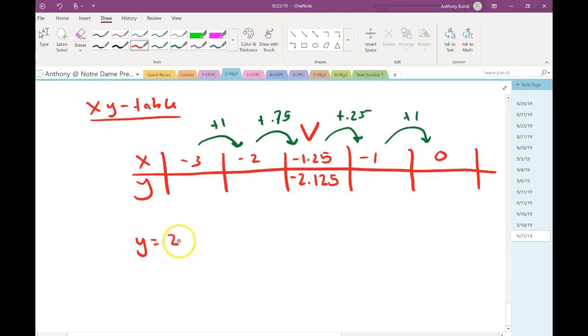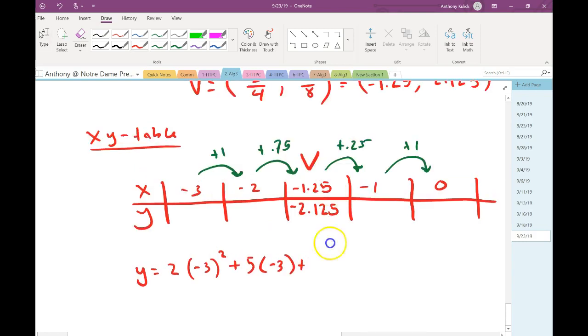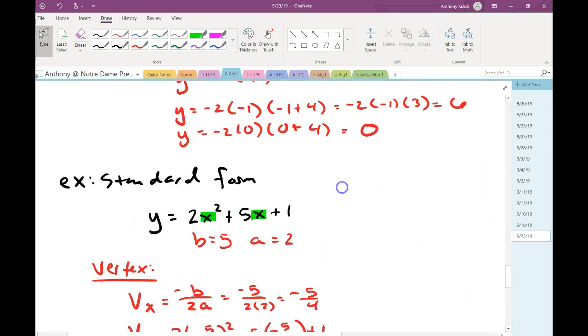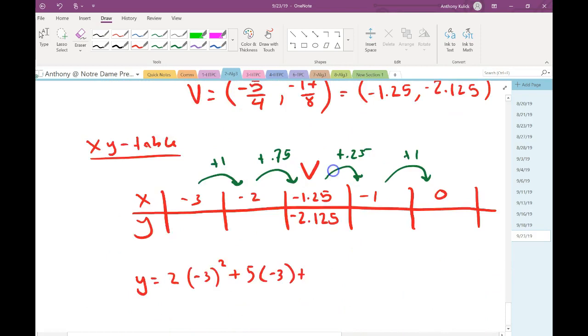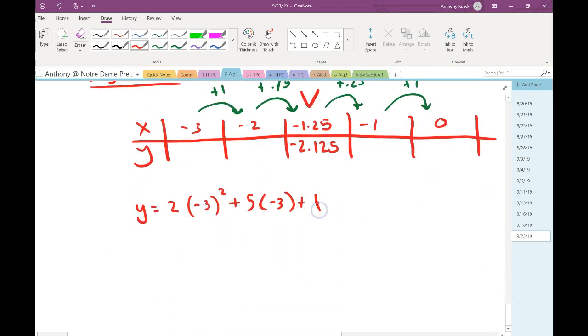Okay. So I think I had 2x squared plus 5x plus, I forget what the end was. I picked 1. Okay. Sorry about that. So -3 squared is 9. 2 times 9 is 18. -3 times 5 is -15.